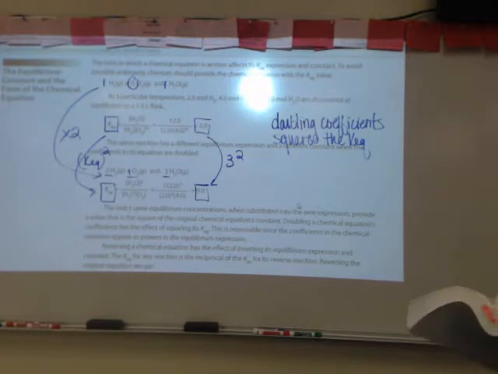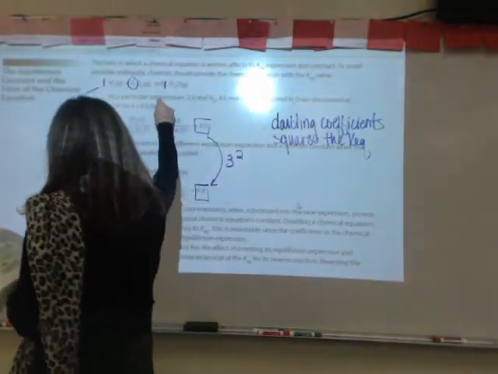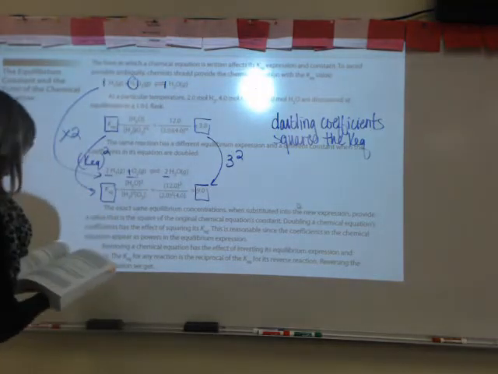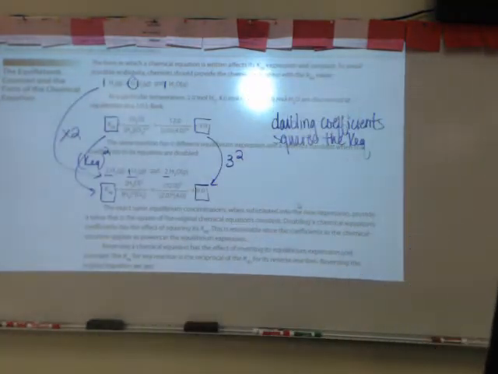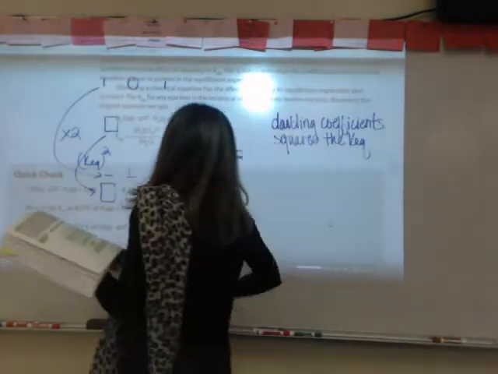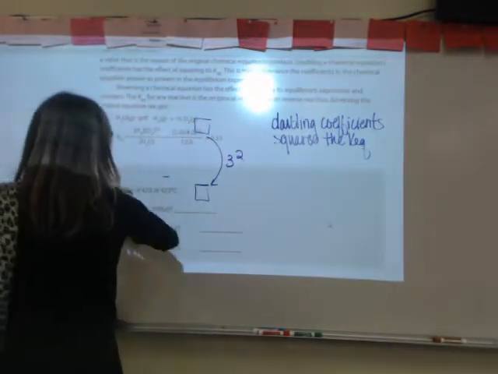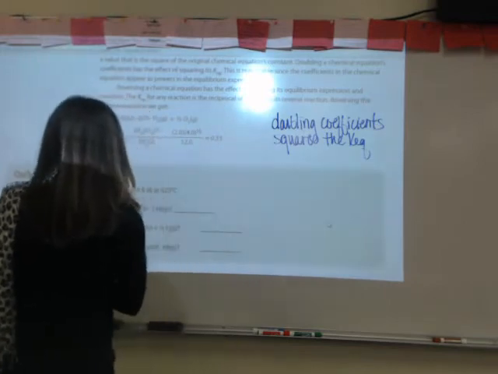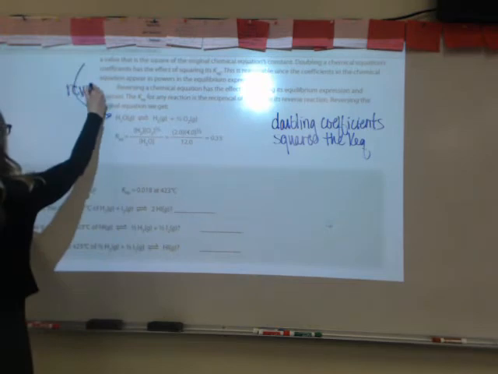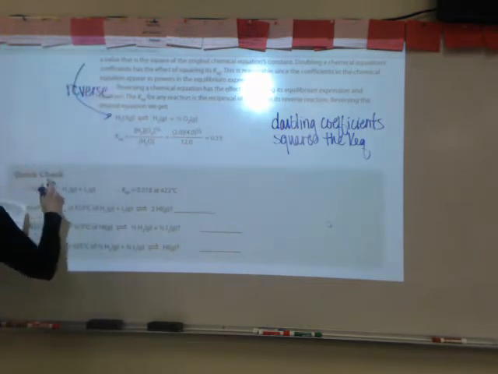If you take the same reaction and you reverse it, so now H2O is my reactant, what will happen to your KEQ is you will invert it. So here, this is the reverse of the reaction that was given first.